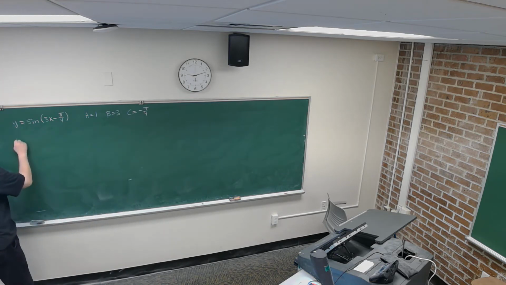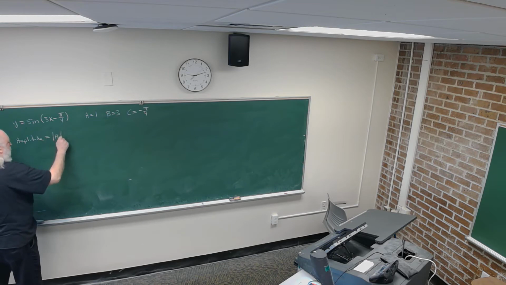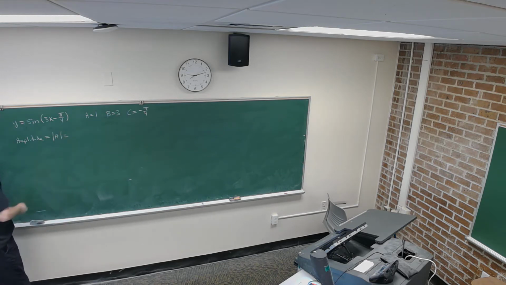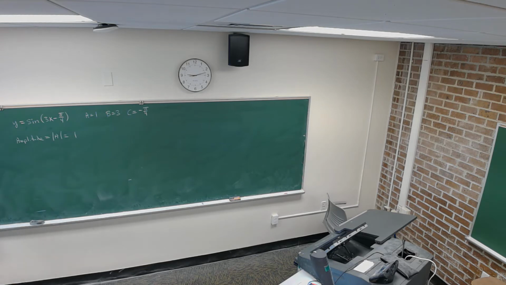So the amplitude, which is just the absolute value of a, and a is equal to 1, and the absolute value of 1 is 1. So the amplitude is equal to 1 in this case, so there's no vertical stretch or compression in the graph of this transformed sine function.